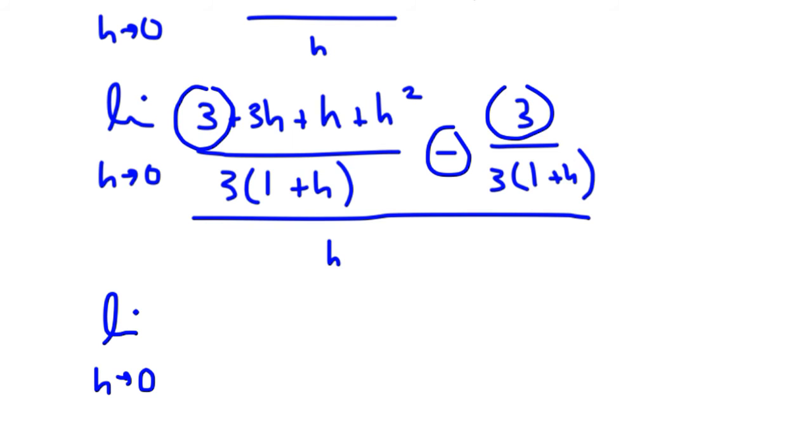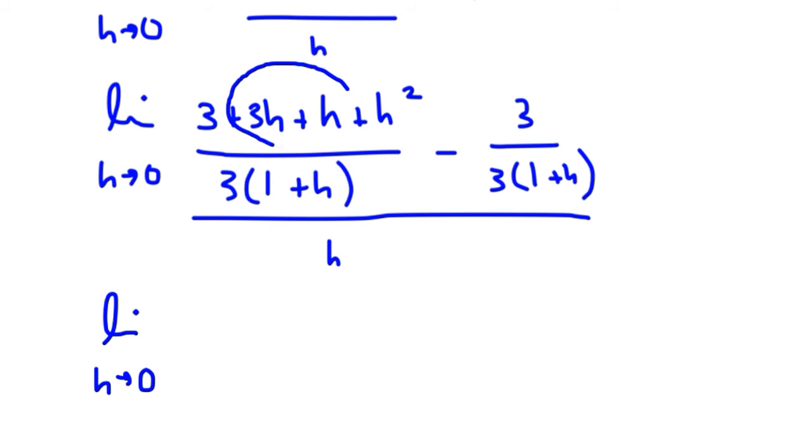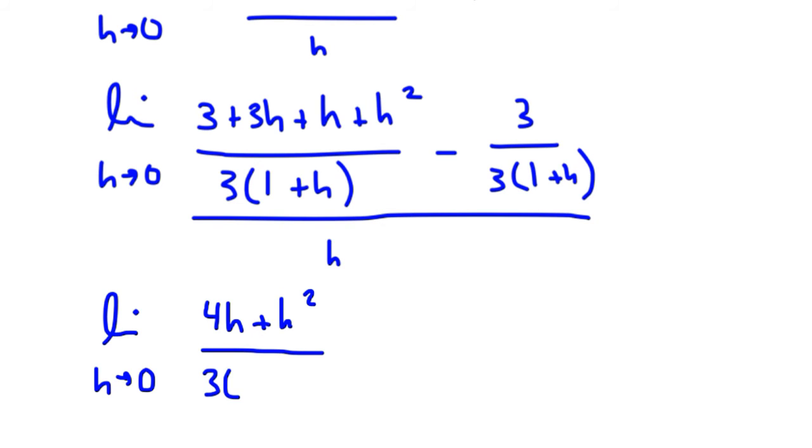Do we see that? So hopefully we can see the writing on the wall and notice those 3's are going to cancel. So if it's okay by you, I'm going to combine the tops just by starting with the 3h plus h, which by the way is 4h, plus h squared, all divided by that ugly 3 times 1 plus h.